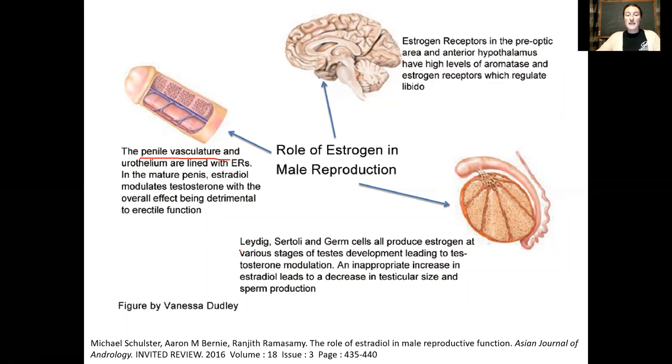Also, Leydig cells, Sertoli cells, and the germ cells, so the spermatogenic cells themselves, they all make estrogen at some point during the developmental process. The problem comes in where there's too much estrogen, right? You want a very low level of estrogen in order to promote these processes appropriately, but not too much, because that will lead to more feminine traits. Okay. And finally, there are regions of your brain, actually maybe more than you'd think, that have estrogen receptors as well.